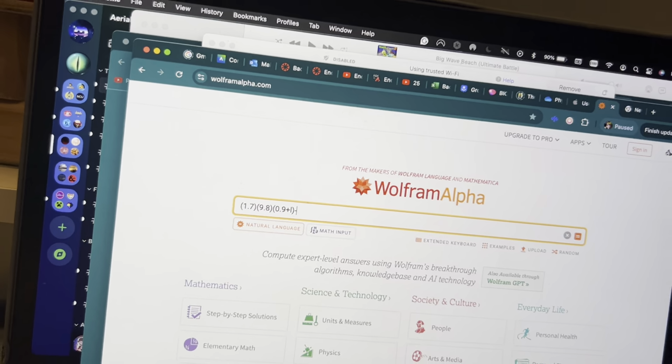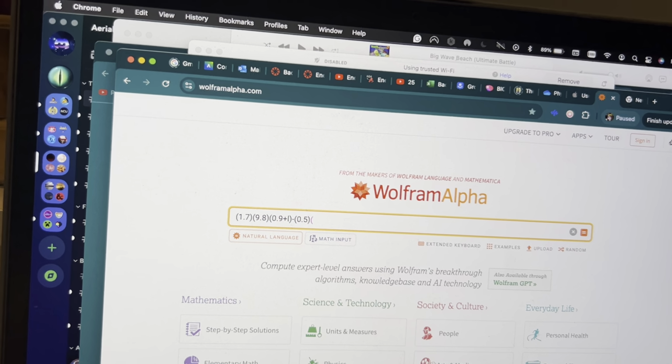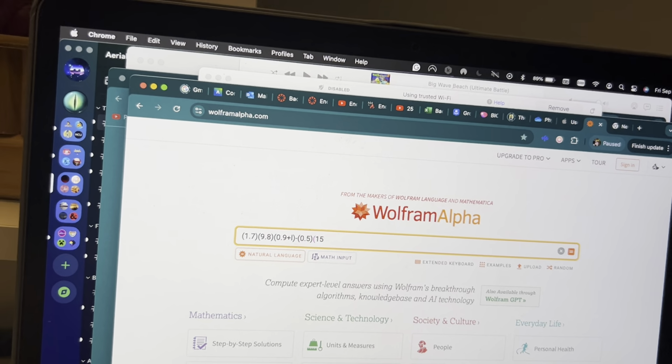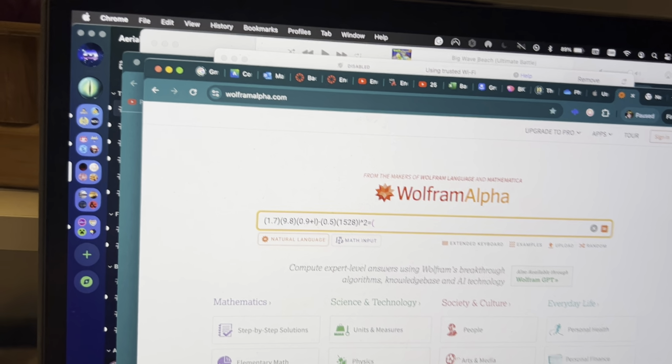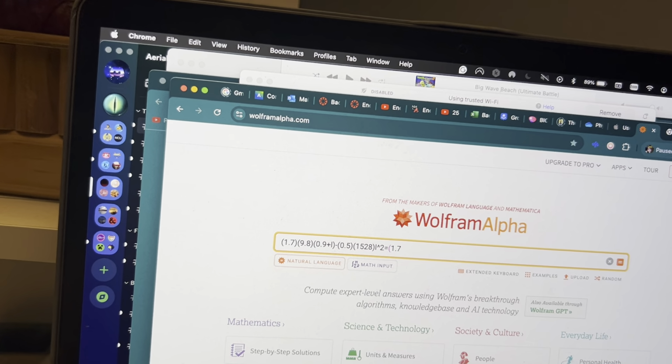Minus 1/2 and then 1,528 L squared is equal to 1.7 times 9.8 times 0.9 times (0.9 plus L).